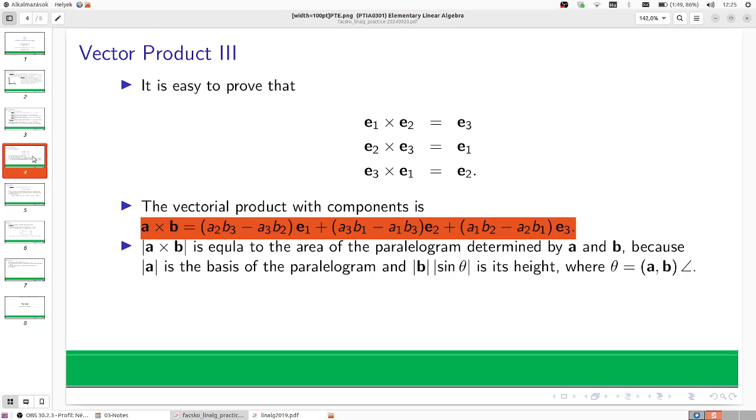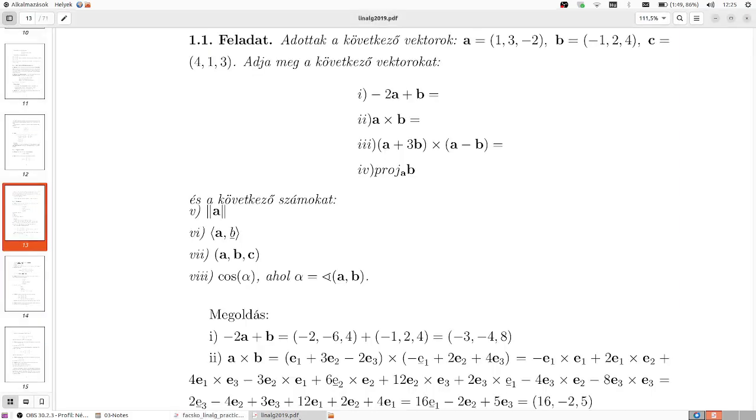Okay? Now, we'll do something. The next one is this term, A plus 3B cross A minus B. As a good physicist, I would use brute force and waste much time. It's much better to use your mind a little bit.